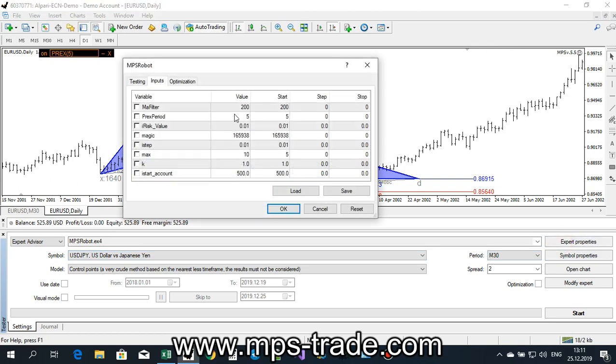Let me show you the settings. Practice period is 5. As I told you in the beginning, it doesn't draw the patterns themselves. No need to draw the pattern because it executes that. So there are some money management settings. Maximum number of trades, 10 trades, and there are some filters. Also, I coded the filter of qualified retracement.